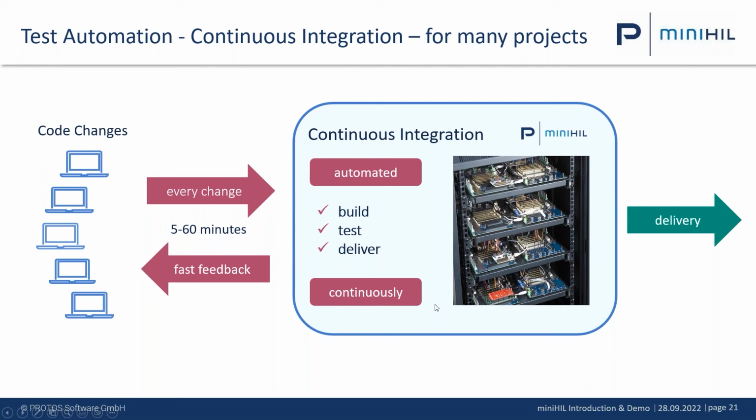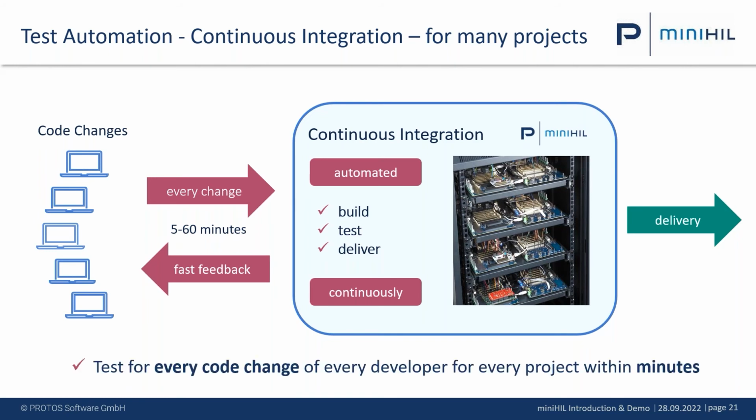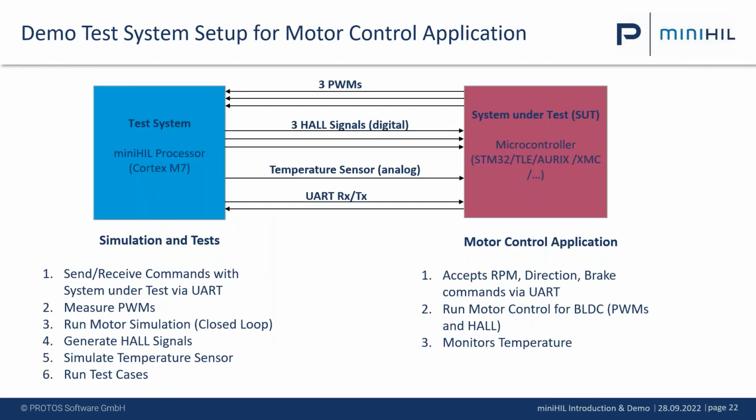In a typical customer setup, this would look exactly the same, but would have, for example, one board for every project, and that's a small, inexpensive hardware setup. So it can wait until somebody commits, and then it runs within minutes. That's the idea here. For every code change of every developer, the test is executed automatically within minutes.